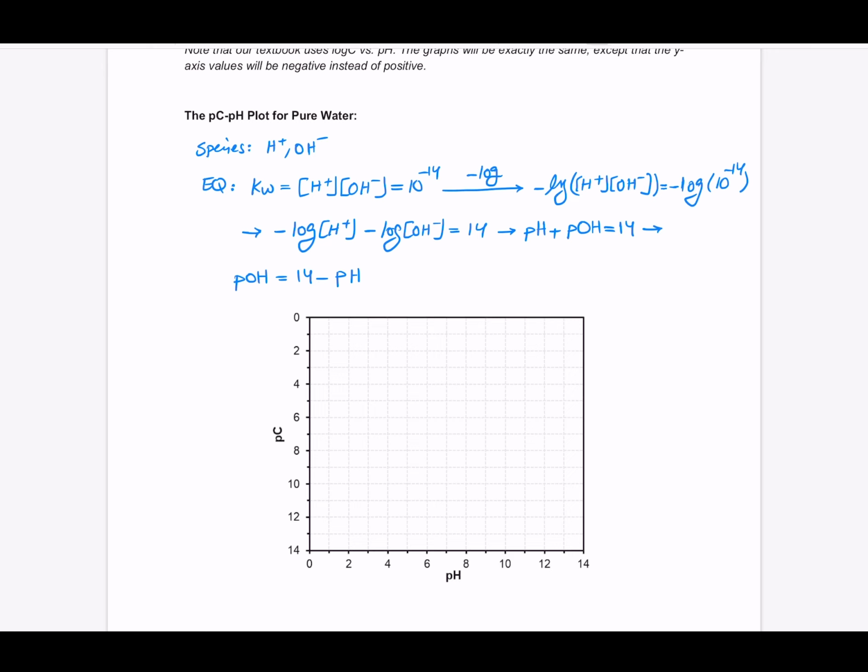So the line for H would be a simple line with a slope of 1, but in this case, because the representation is this way, it is minus 1 in this particular graph, if you want to look at it as a normal graph. So this would be representing H plus, and the slope would be 1. Here we saw that this would be the graph for the line representing OH minus.